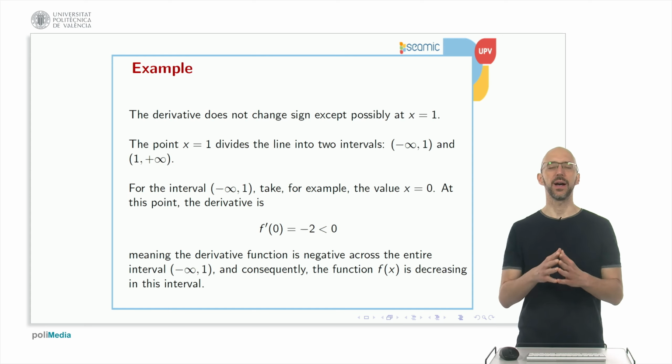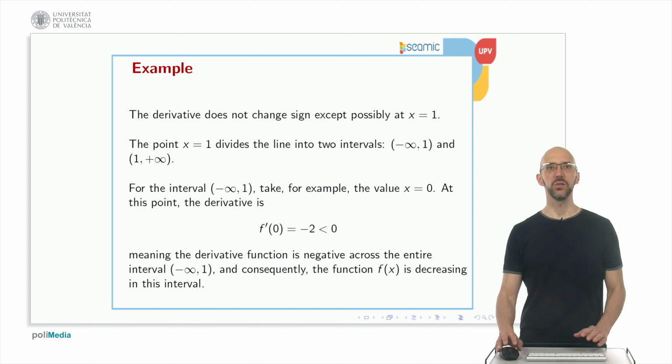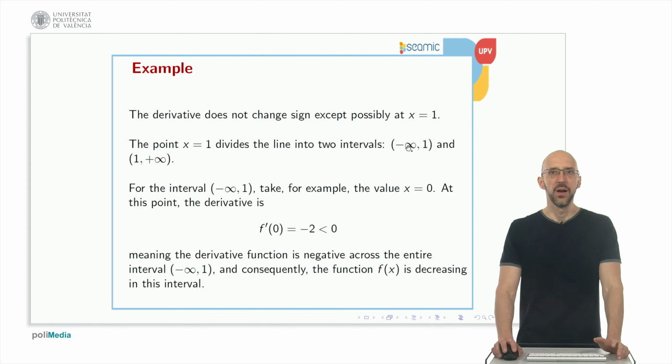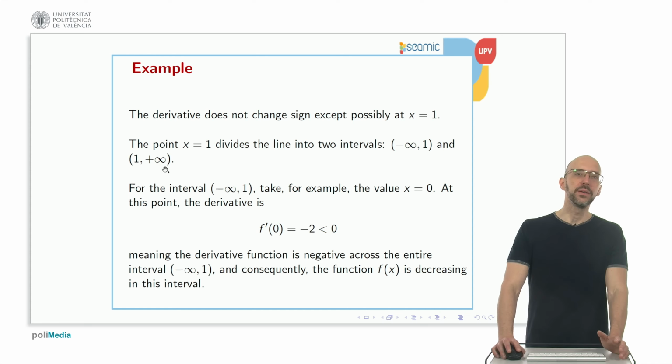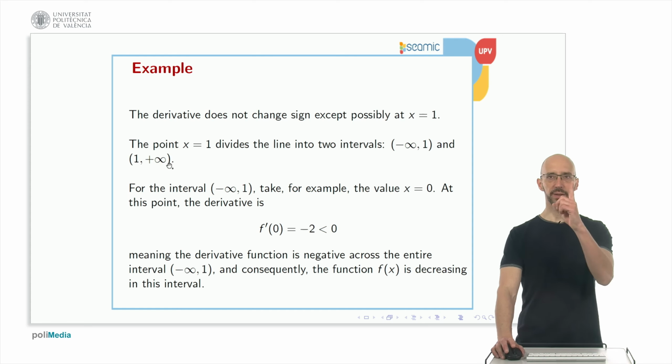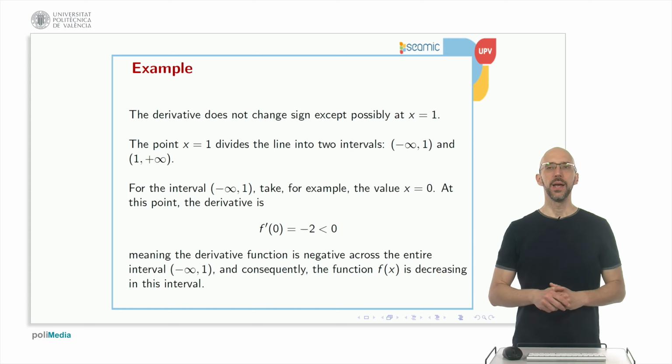So you have one critical point. One critical point divides the real line in two parts. And you see here the two parts: from -infinity till 1 and from 1 till plus infinity. So one critical point, we have two intervals.